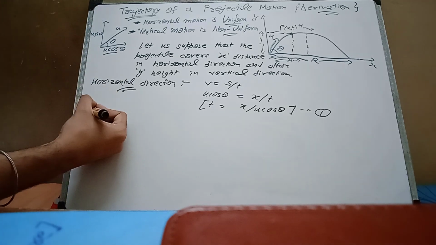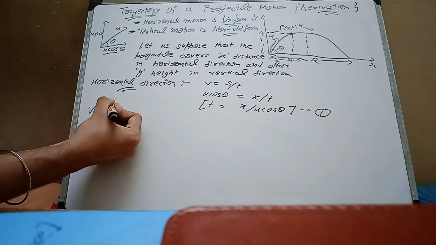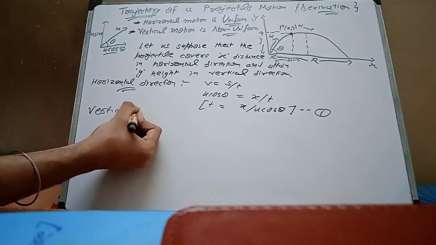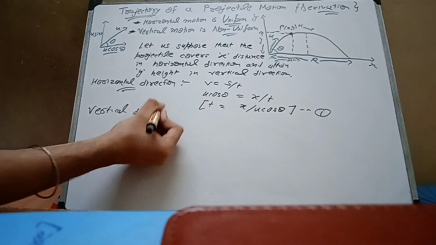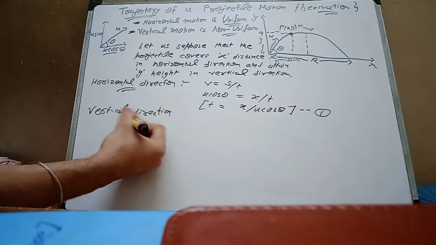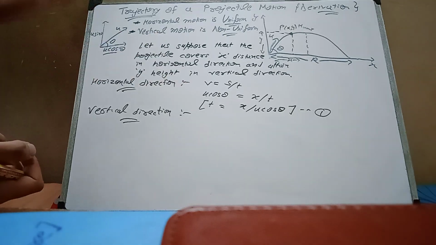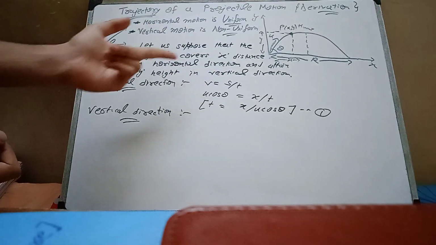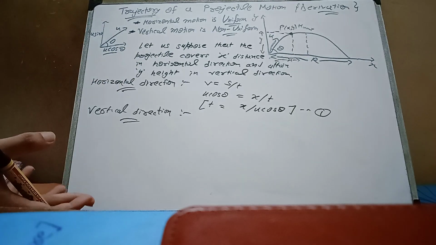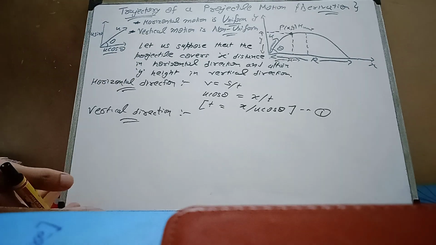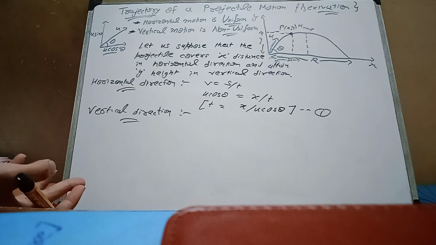Now we are considering the vertical direction. What happens in the vertical direction? In the vertical direction, we have covered the displacement of y in time t. Time is the same for both components, because the projectile reaches the point simultaneously.